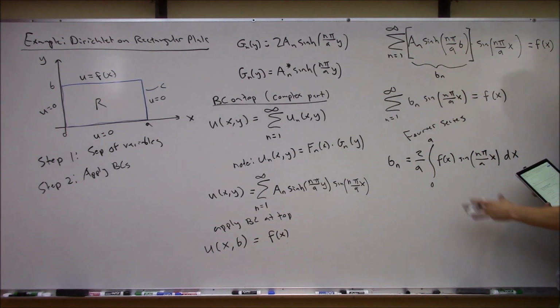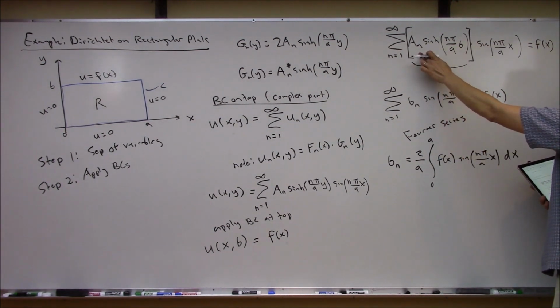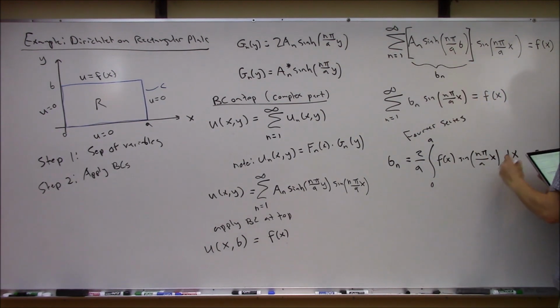That gives me the coefficient. And what we see is the coefficient is actually this quantity, so this equals a_n times hyperbolic sine of n pi over a b.